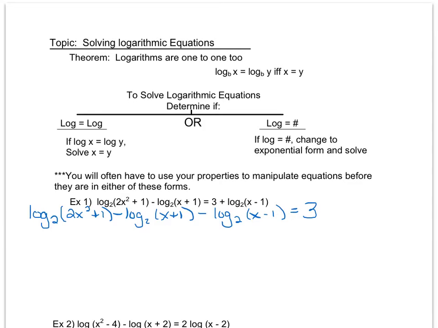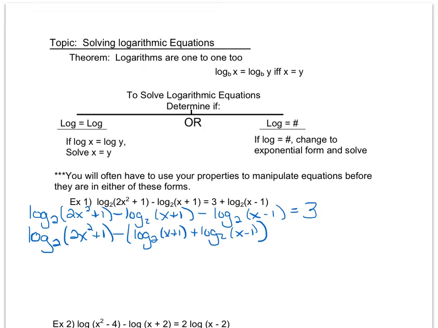So I want it to be a single log equals a number, so I'm going to go ahead and say I want to put these together. Well, I know if I factor a negative out here, then I'll be able to use some properties. So log base 2, factoring out a negative, that now becomes plus.